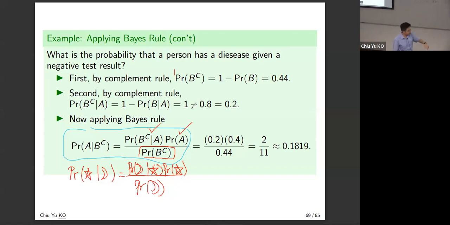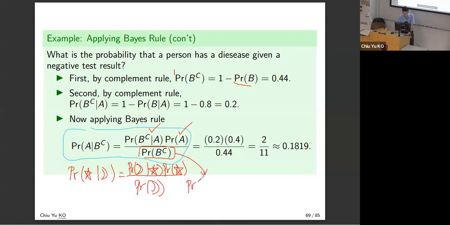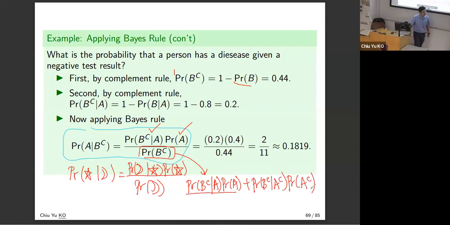Otherwise, what you should have done, if you don't calculate this guy, is you should do this: probability of B complement given A, and B complement given A complement. So you'll be doing that, and all of the probabilities are known.